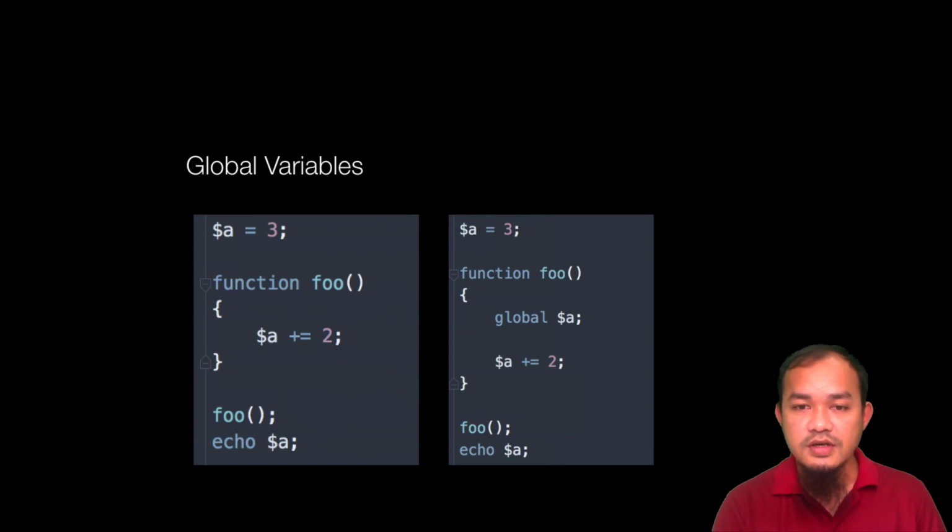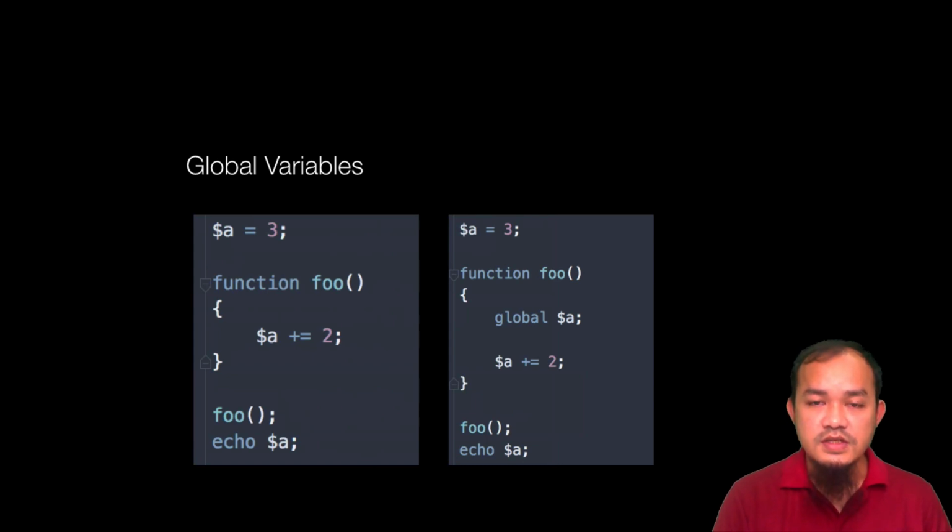But for the second figure, they define global A, the global variable A. That means we can access it from outside. A from outside, which equals 2, can be accessed inside, so 3 plus 2 equals 5. Okay, this is the main point of global. When you define global, it can be used anywhere. If you do not define global, it is used only in that local area.